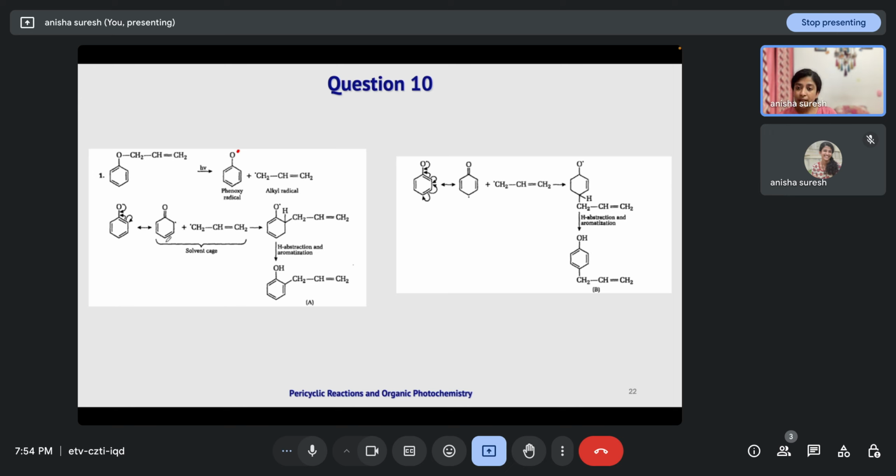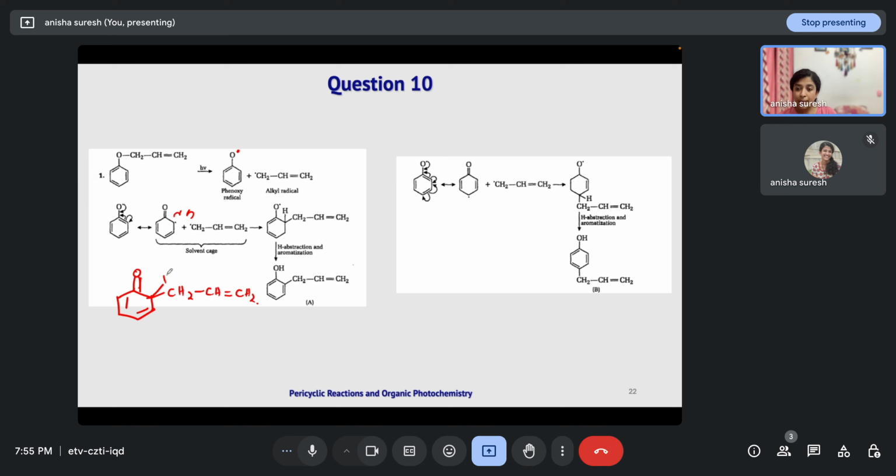So here this is forming a solvent cage, then it can recombine, leading to formation of CH2 CH double bond CH2.